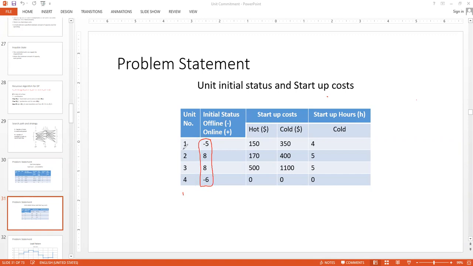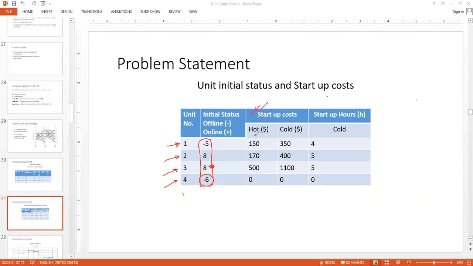A minus value here, -5, means that for the last 5 hours unit number 1 has been turned off. +8 for unit number 2 means that for the last 8 hours unit number 2 has been turned on. Similarly for this one, for the last 8 hours unit number 3 has been turned on. For the last 6 hours, unit number 4 has been turned off.